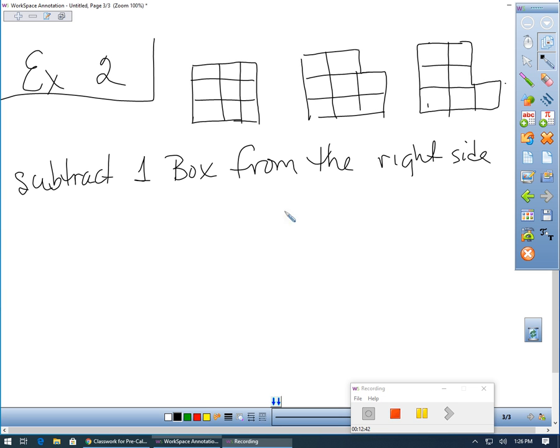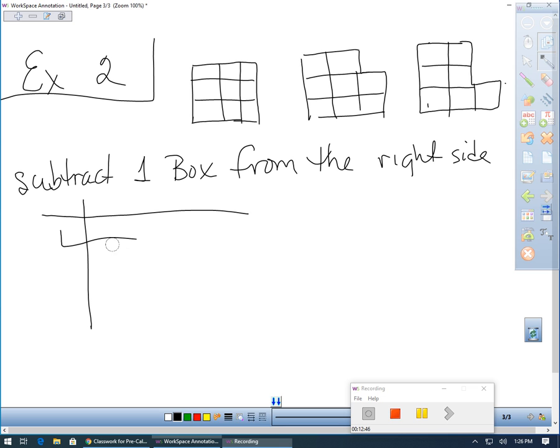All right. So now let's put it into a table. In picture number 1, we have how many blocks? 9. Good. Picture number 2. And picture number 3. And if we had a picture number 4, that would be 6, right?